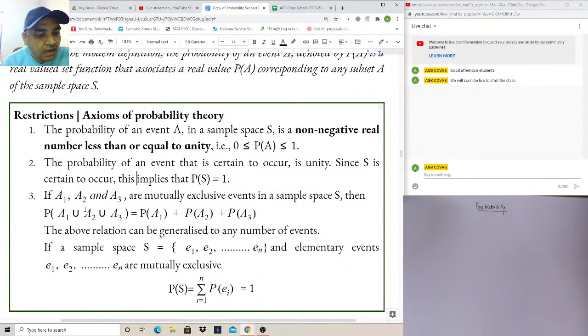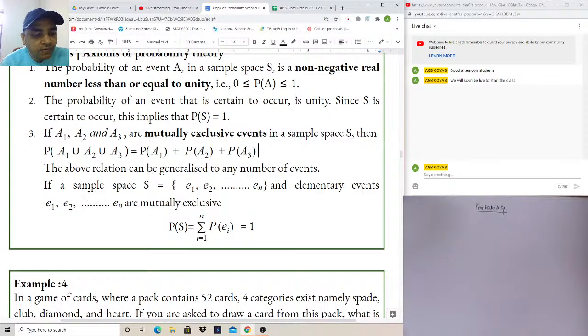If A1, A2, A3 are mutually exclusive events in a sample space, that is, out of the total samples, A1 is an event, A2 is an event, A3 is an event, then P(A1 union A2 union A3) becomes equal to P(A1) plus P(A2) plus P(A3), provided that these events are mutually exclusive to each other.